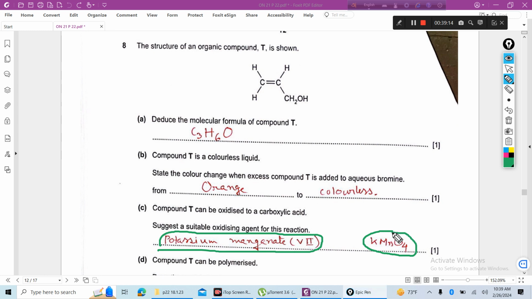KMnO4 is an oxidizing agent. If you add it, then the alcohol will oxidize to carboxylic acid. Or you can write potassium dichromate, K2Cr2O7, potassium dichromate. Then the alcohol will be oxidized to carboxylic acid.